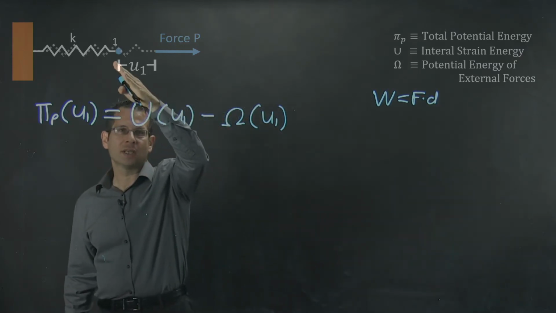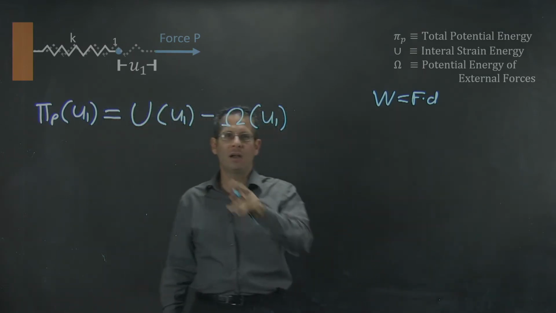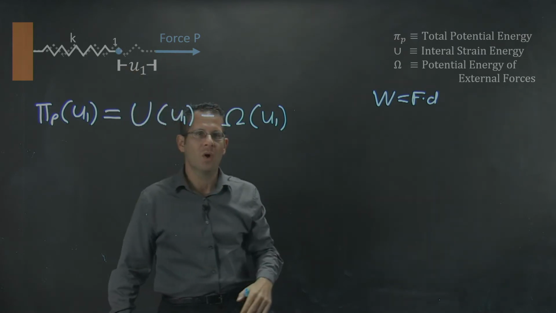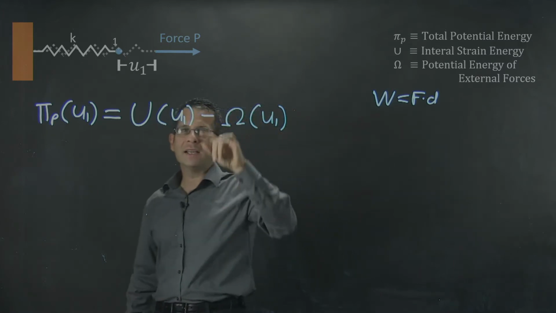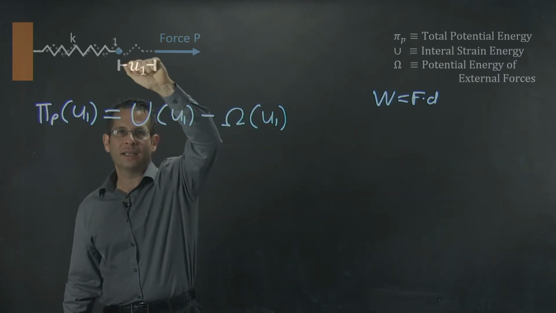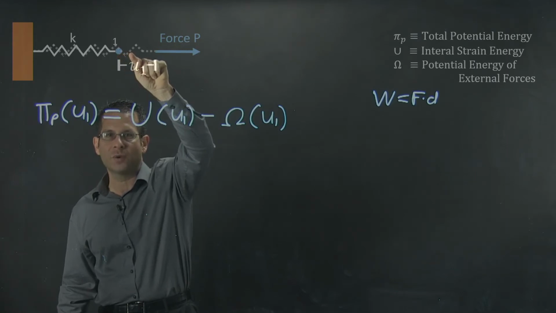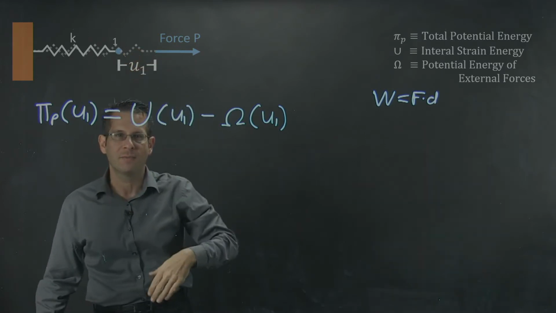What is the force and the distance this is moved? Well, you might be tempted to say that this force is P and this distance is U1, but that might not be totally correct, because as this force is applied, it only required a certain amount of force to move node 1 from here to here. That wasn't a force P. Moving from here to here also wasn't some force P.